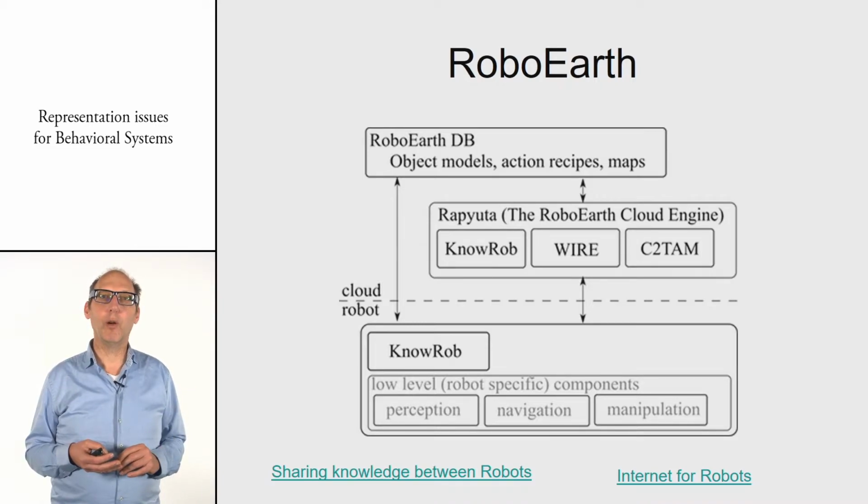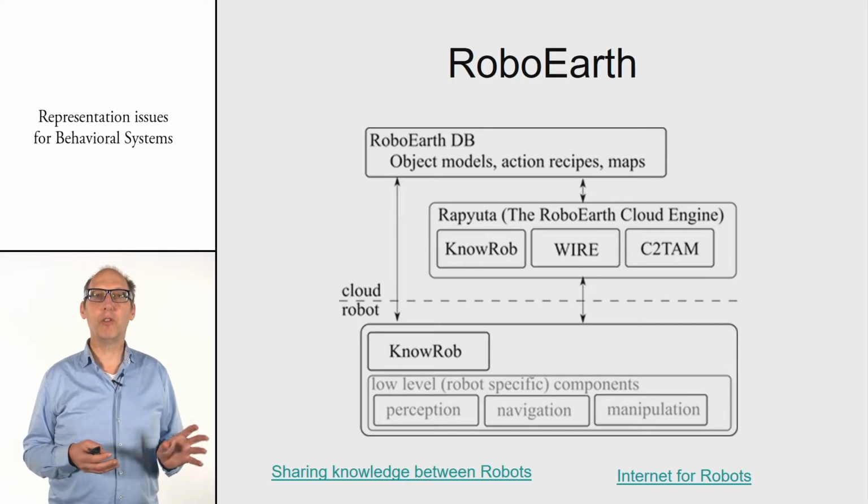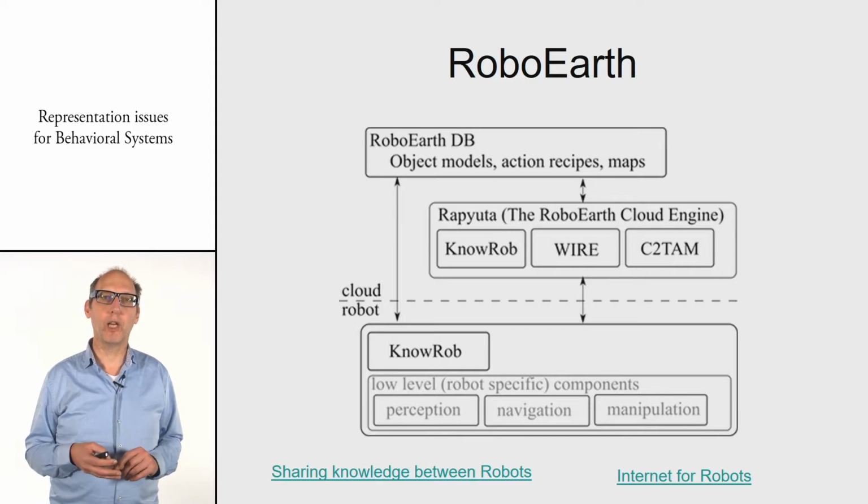Milk you have to know is white, but it's always stored in packages. So you have to know how the packages look in different countries. But if you have recognized the package, then the weight and the grabbing point are often the same, and you can share a lot of this information on how to handle objects on the Wikipedia of robotics, say RoboEarth.